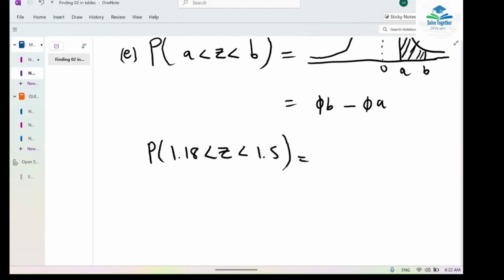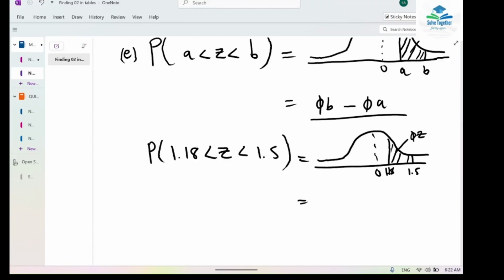Let's try and sketch this in our graph. So this is 1.5 and this is 1.18, and we want this region. This is our phi z.